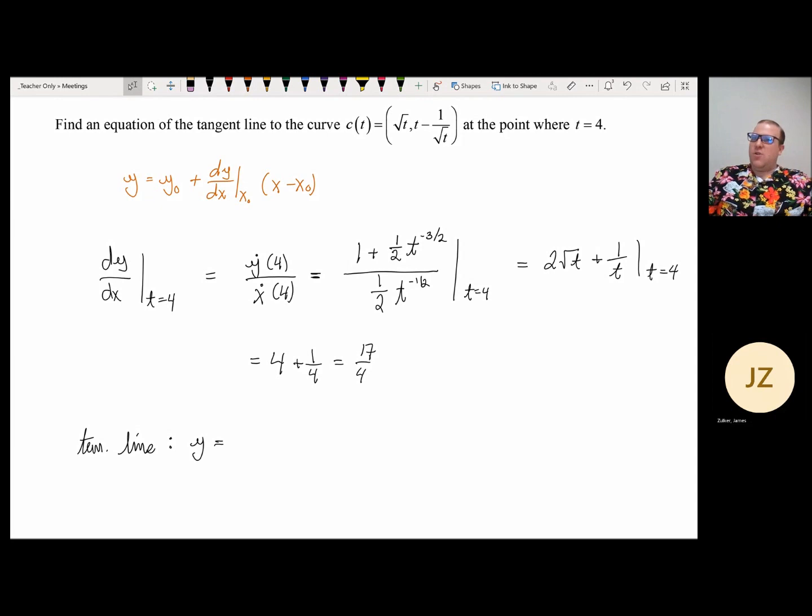Y naught would just be the y coordinate of the point that we're at. How did you get negative 3.5?